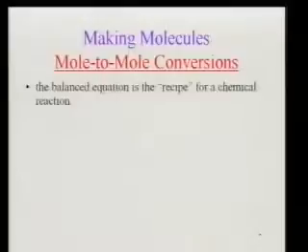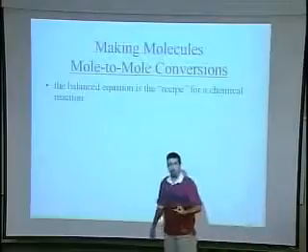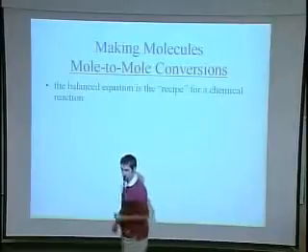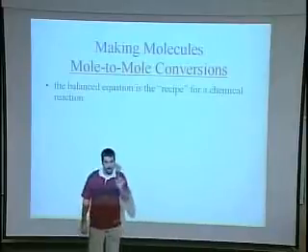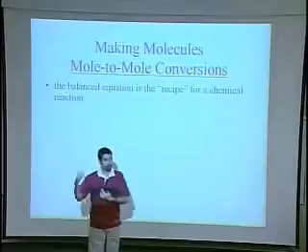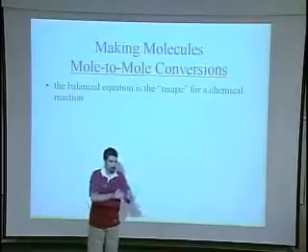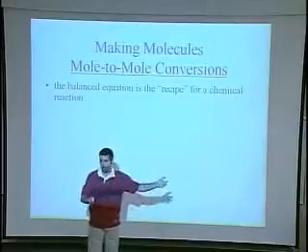So the balanced equation, what this tells you is similar to the recipe that we just saw. When you have a balanced equation, what you have is a recipe for the number of moles of each thing present. It can either be the number of actual atoms or the number of moles, because all the moles are is a number, the same number multiplied by all the number of atoms anyways, right?